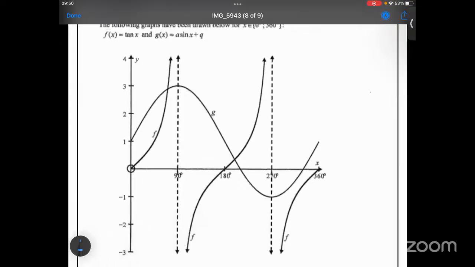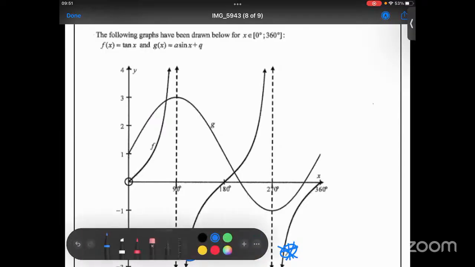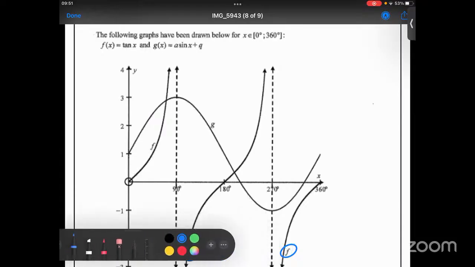What matters the most is for you to be able to identify which graph is f. So the graph of f is that one for tan. You can see next to that line, they indicated f. So even if they just indicated it once and not here and there, you will still be able to know that that line is for the function of f.